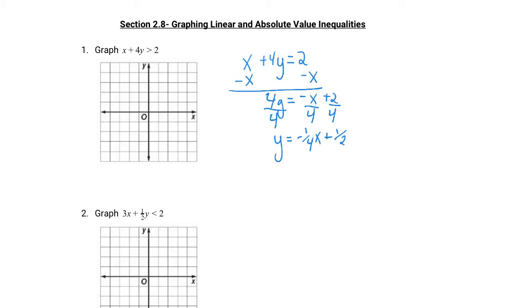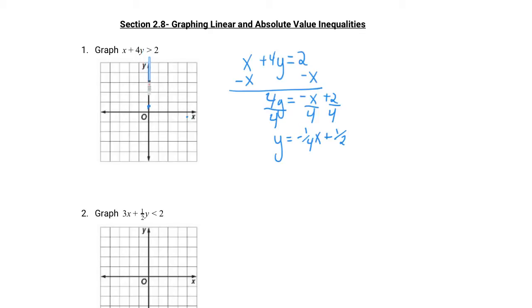So now I know 1/2 is my y-intercept, so I can go up right between 0 and 1. And the slope is negative 1/4. So from here, I go down 1 to negative 1/2 and right 4. 1, 2, 3, 4.